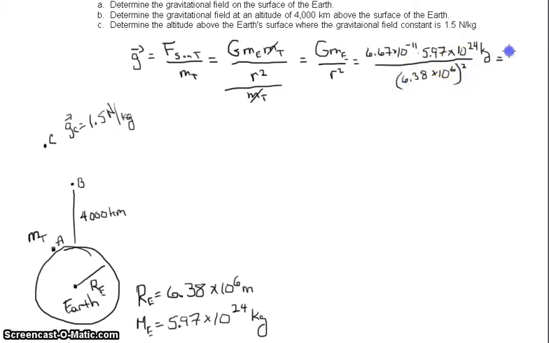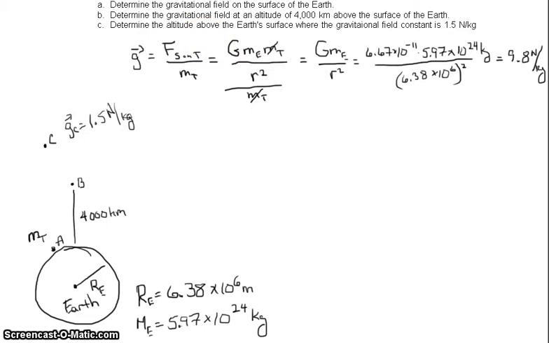We calculate this out and get approximately 9.8 newtons per kilogram. Not to anyone's surprise, on the surface of the Earth, we've known for a while that the Earth pulls with 9.8 newtons for every kilogram of mass.